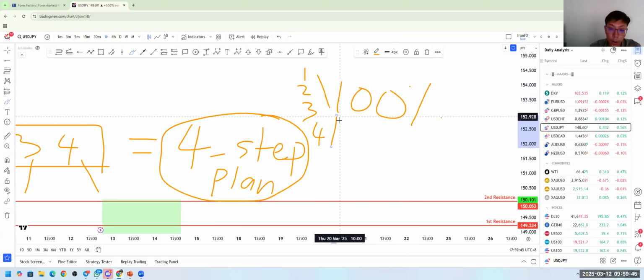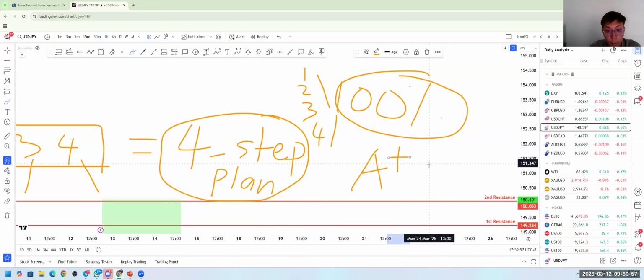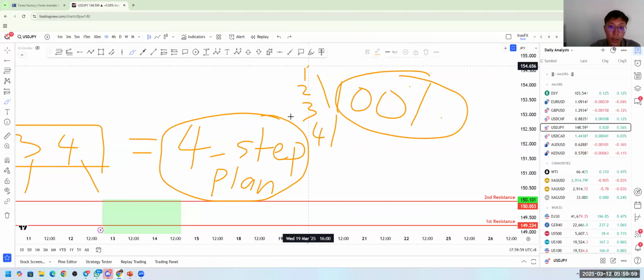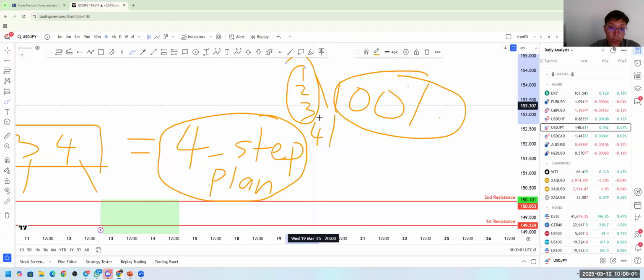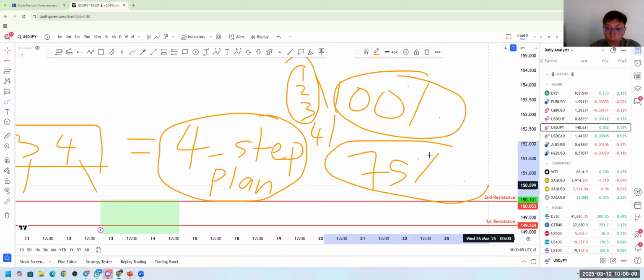Then you see that this trade aligns with 100% of the rules. This is an A plus setup. But what if we have only 1, 2, and 3? That is 75%, it's still okay. But anything lower than that, we wouldn't want to enter any trade.